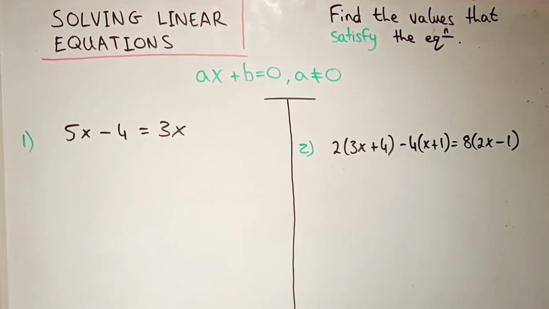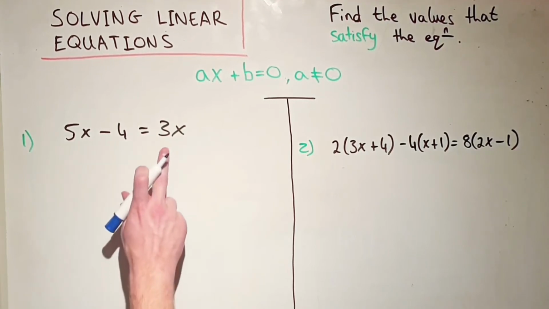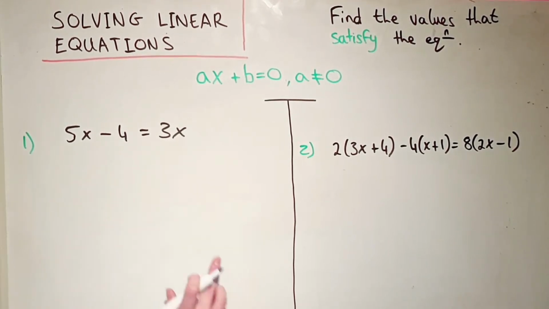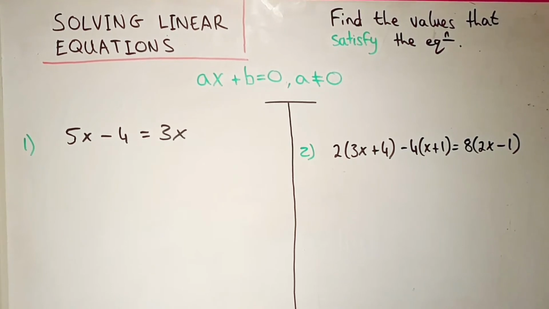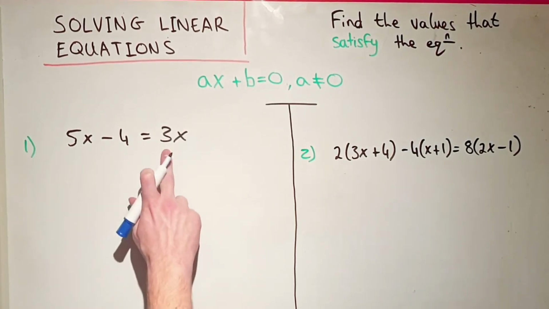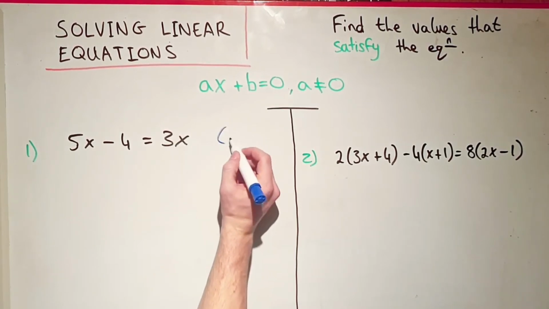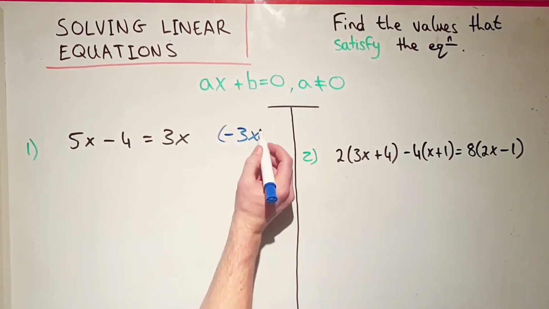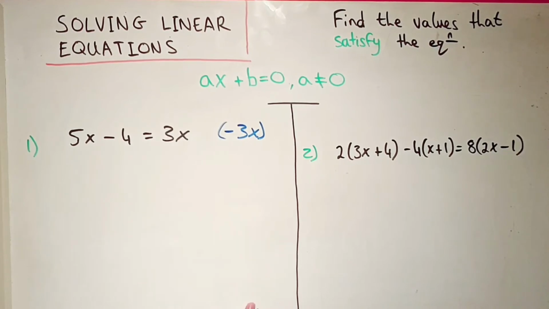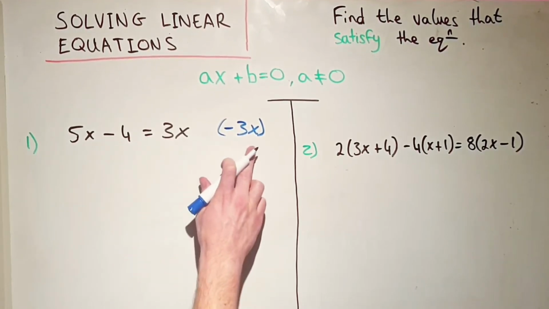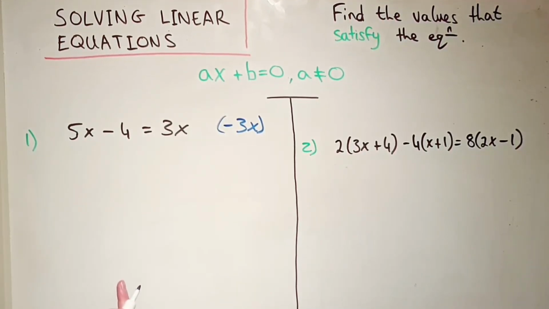Thinking back to that numeric example, if we wanted to get rid of the 3x, this is a positive 3x, we would minus 3x from this side. So we would actually take away 3x from this side of the equation, because 3x minus 3x will be 0.